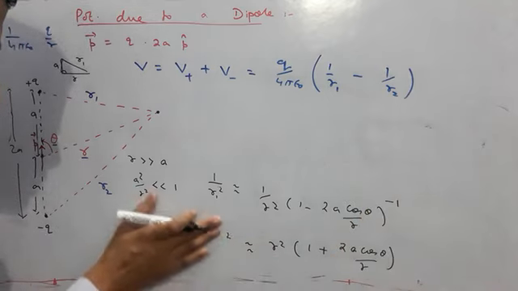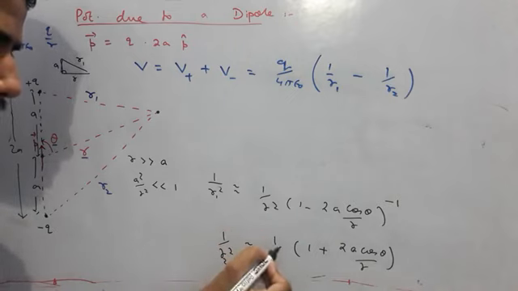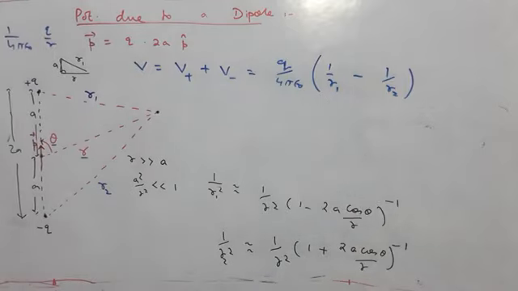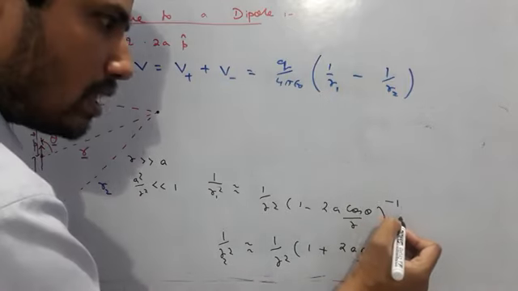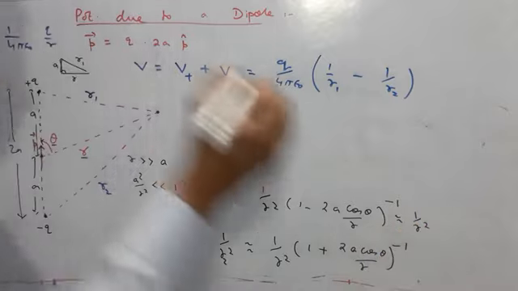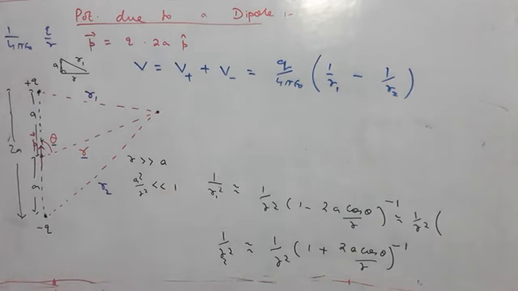Here also we will take the reciprocal. This becomes 1 by r2 square, which is 1 by r square, and this power will become minus 1. Now this expression will become nearly equal to 1 by r square into, now we are going to use a tool of binomial expansion.